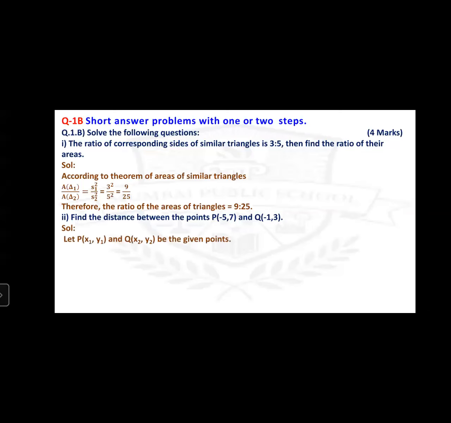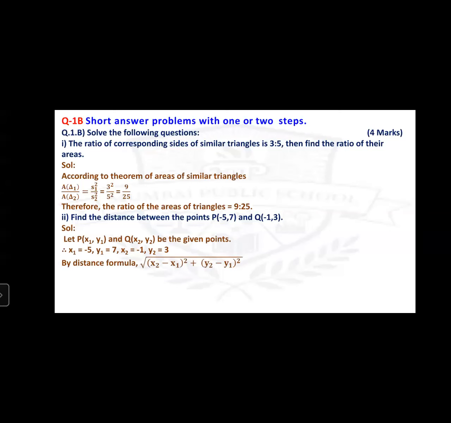Now see the solution. Let us consider point P as x1, y1 and Q as x2, y2. Then comparing, we get x1 is equal to -5, y1 is equal to 7, x2 is equal to -1, and y2 is equal to 3. Then we write the distance formula, under root (x2 minus x1) square plus (y2 minus y1) square.